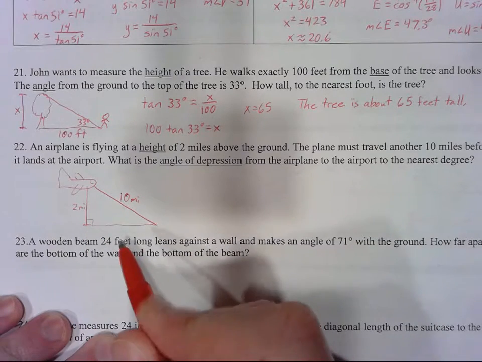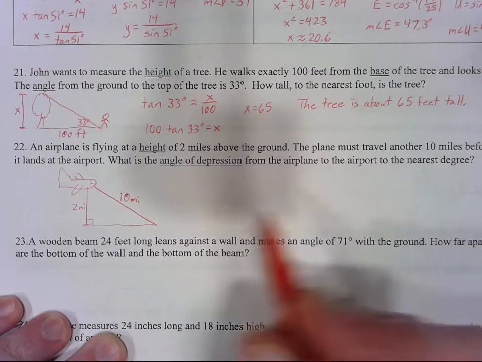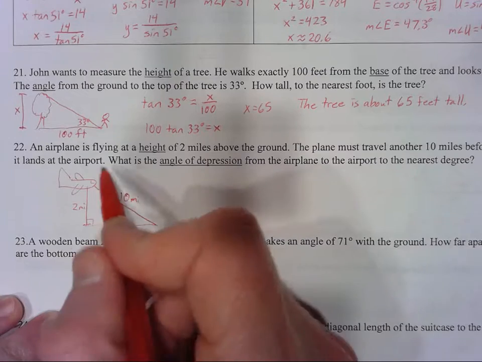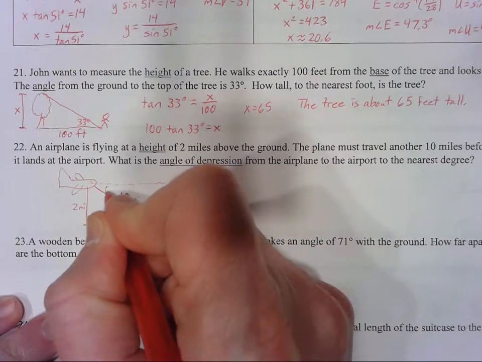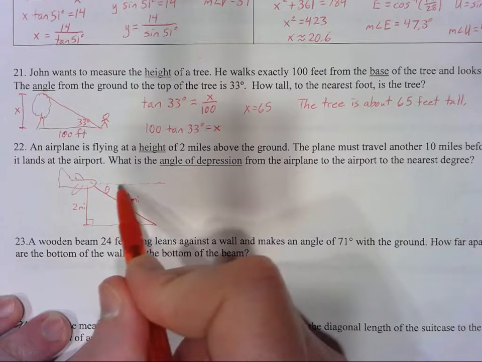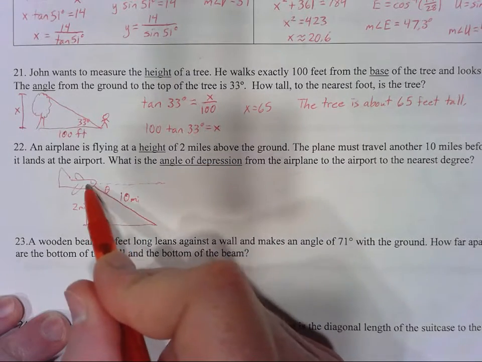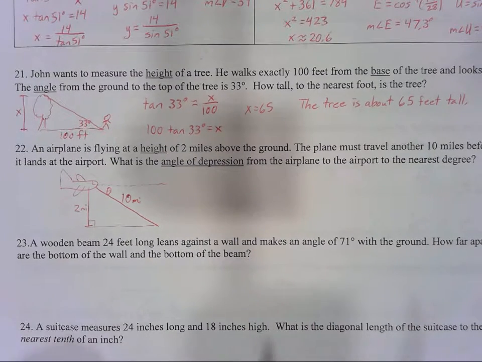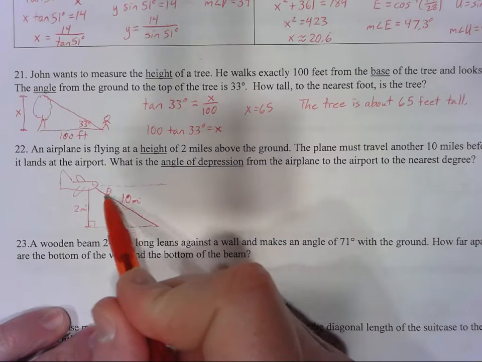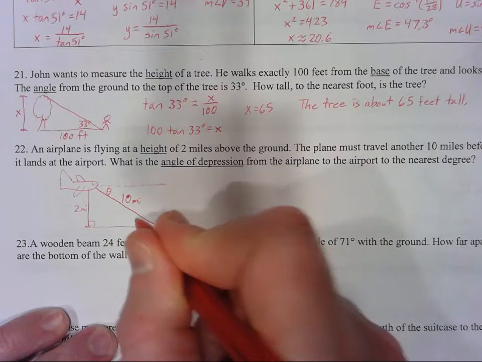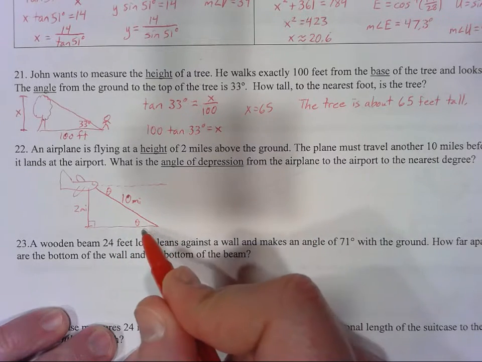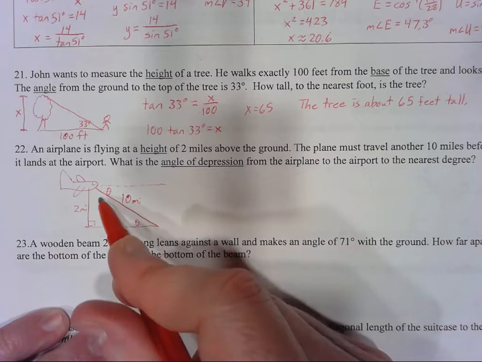Therefore, what is the angle of depression from the airplane to the airport? So angle of depression is this angle between the horizontal and the line of sight going down, or the direction the plane is traveling going down. So the angle of depression, because it's alternate interior angles, is the same as the angle of elevation from the airport up to the plane.